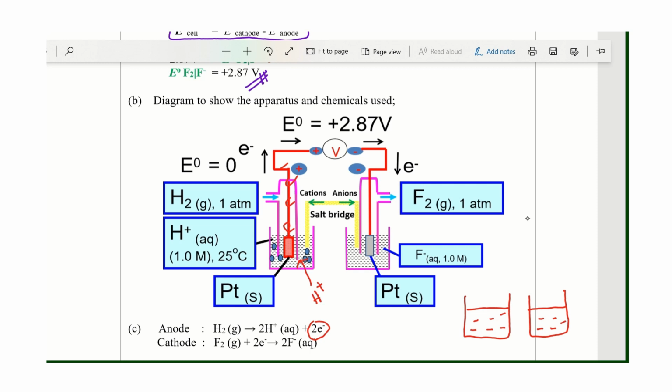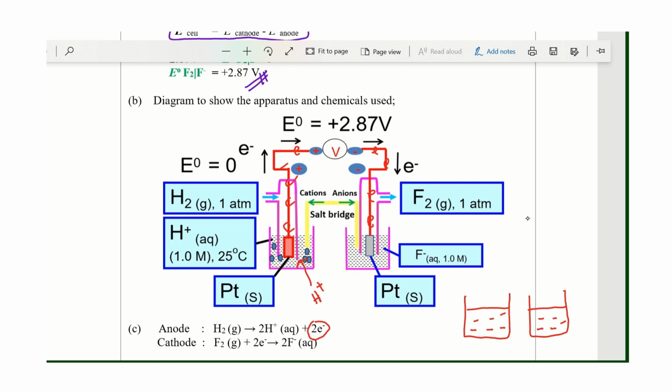Now look at the beaker for the anode: hydrogen gas will release electrons, so electrons will flow through the wire from the anode to the cathode.